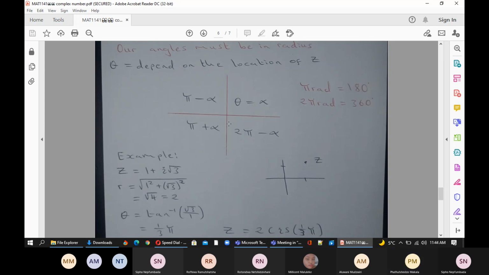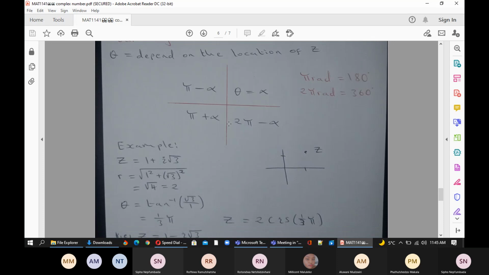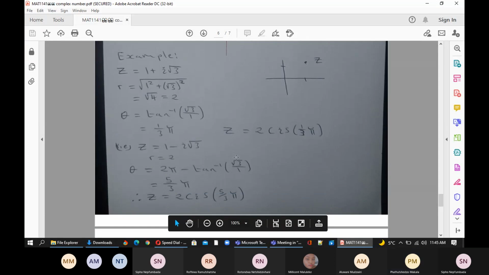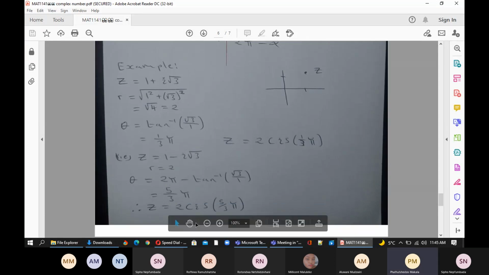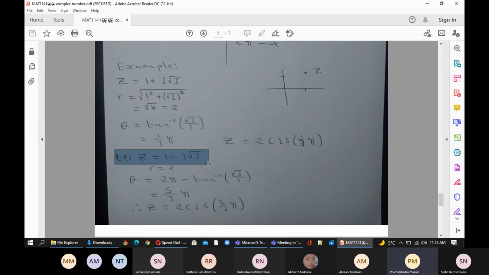Okay, so now let's go to the next example. Here it is. This z is equal to 1 minus 2 root 3. Are we together?